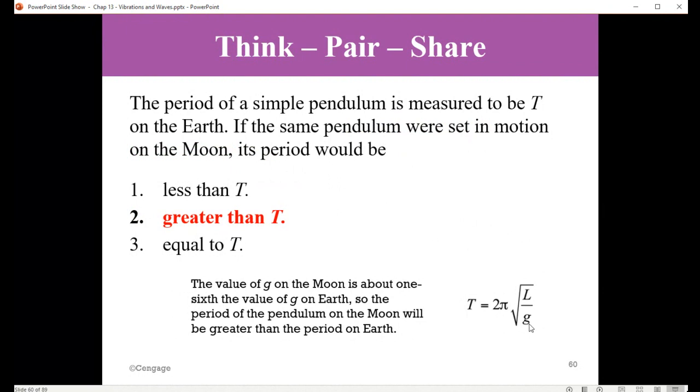Look at this equation. g on the Moon is 1/6 g on Earth, right? So rather than 9.8, it would be something like 1.6. A smaller value for the denominator makes this greater, right? Right. Thank you.